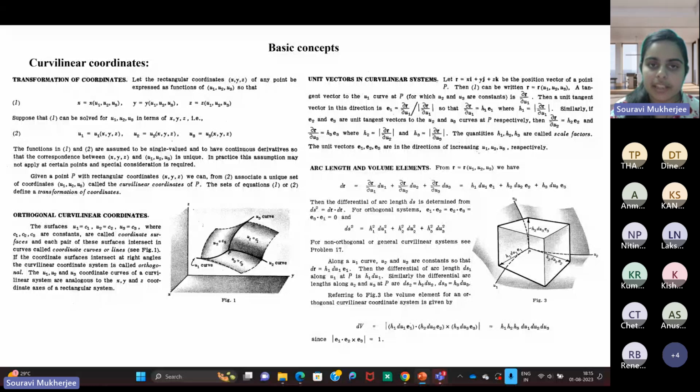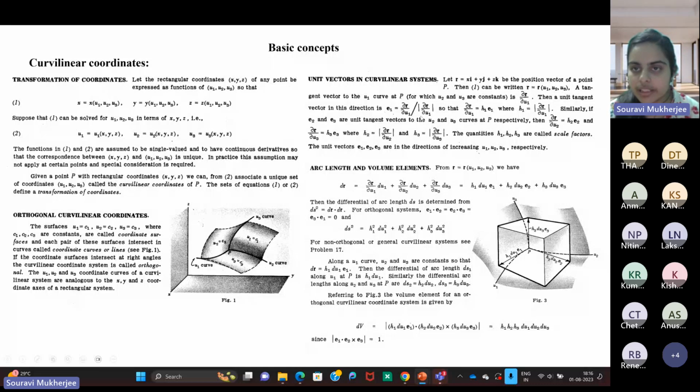Similarly, you can find phi cap, and similarly, you can find Z cap, right? So this E1, E2, and E3 are actually unit tangent vectors to the different curves. And if you think back about the different coordinate systems, these are the r cap, phi cap, theta cap for spherical coordinates, or r cap, phi cap, z cap for cylindrical coordinates, right?